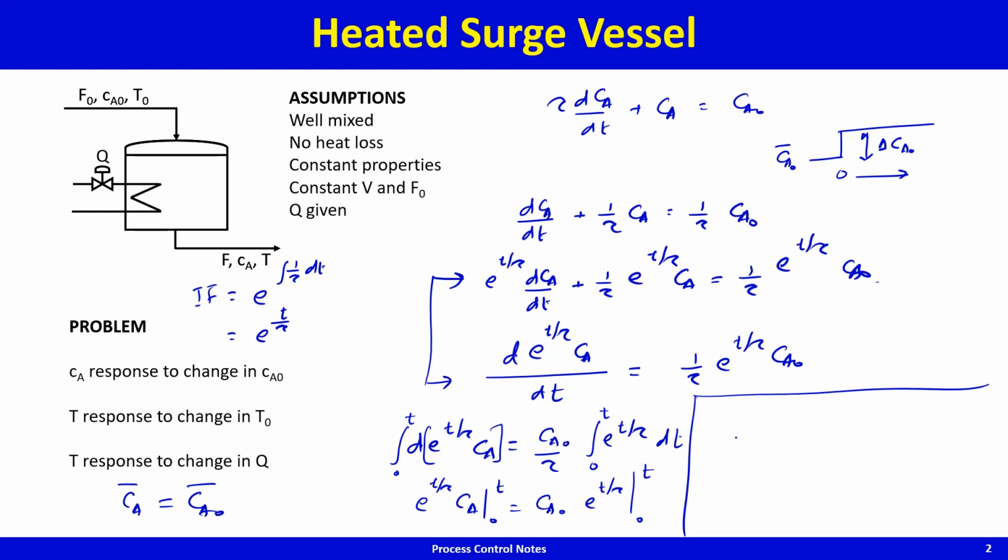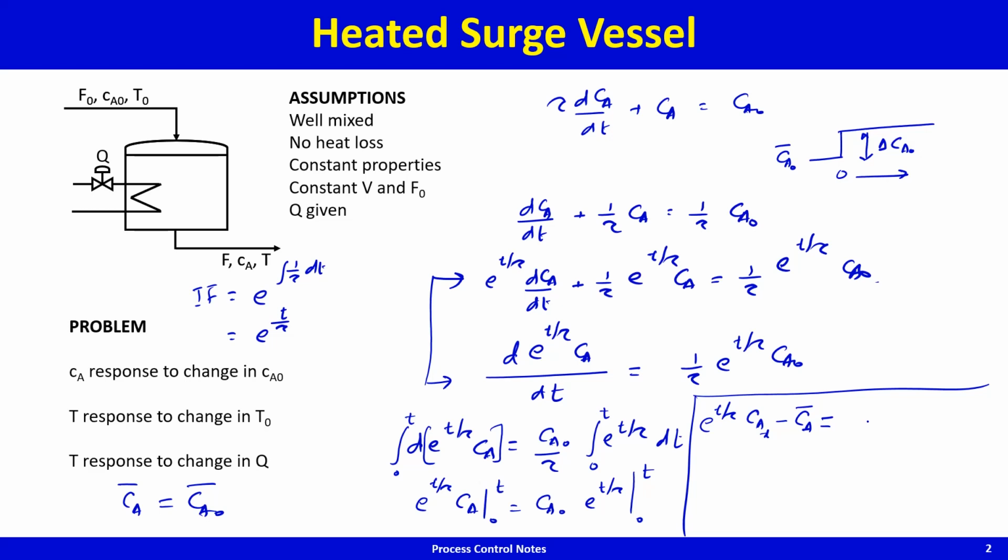So if you put all this, what you will get is e to the power t by tau times concentration of A at time t, minus e to the power t by tau at time t equal to 0, which is 1, times Ca bar, the initial steady state value.